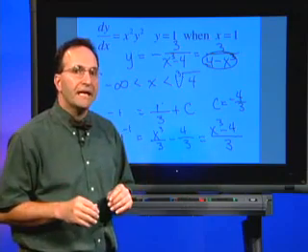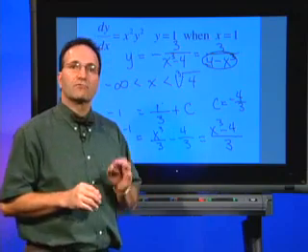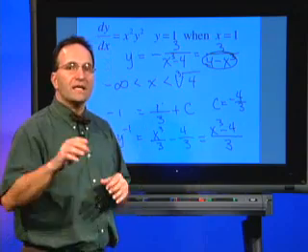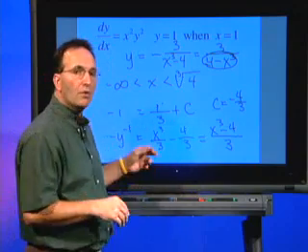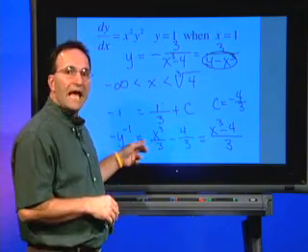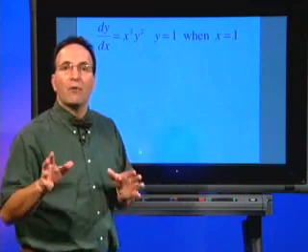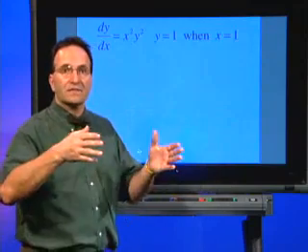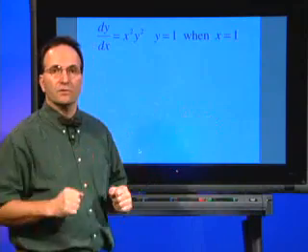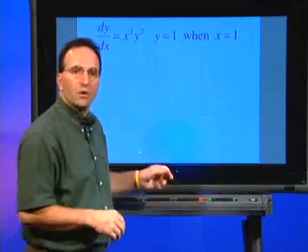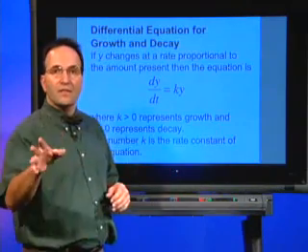So now we'll begin our exploration of growth and decay. We've seen enough growth and decay models to know that the growth or decay is proportional to the amount present. That is, the more bacteria in the dish, the faster it grows. Let's look at the differential equation that describes this growth.